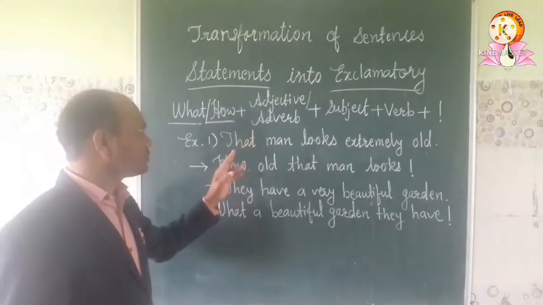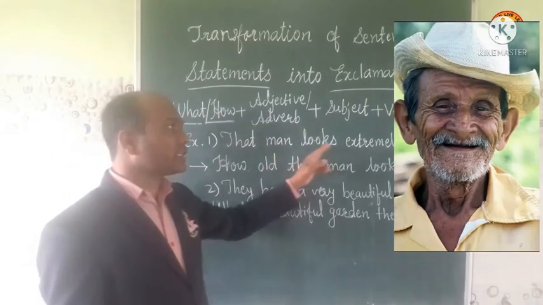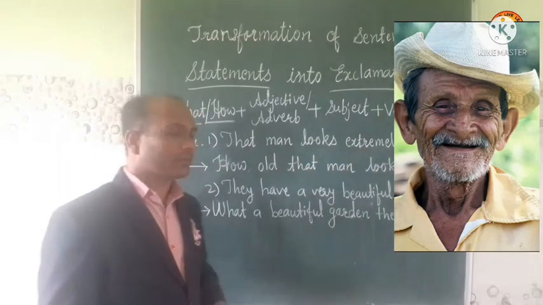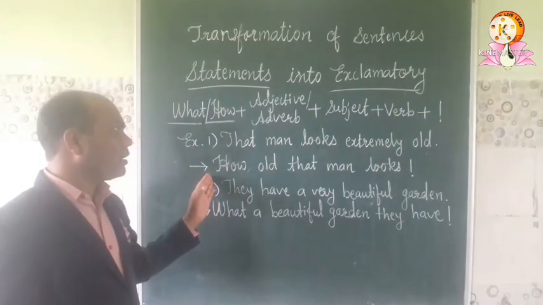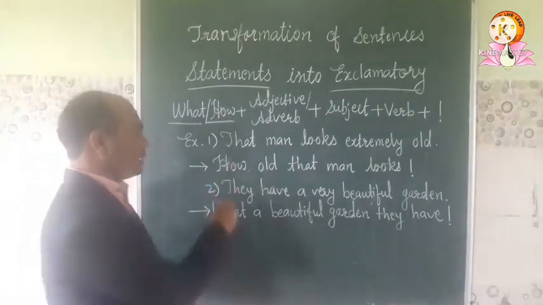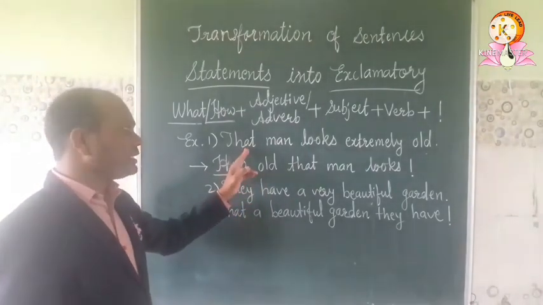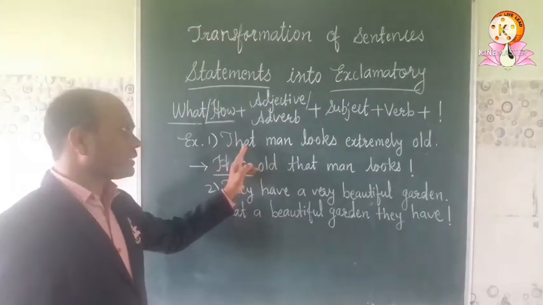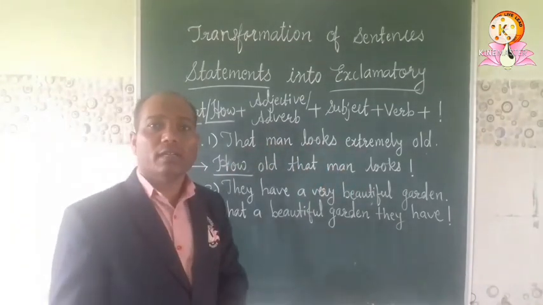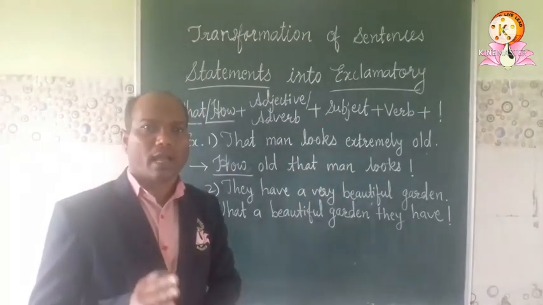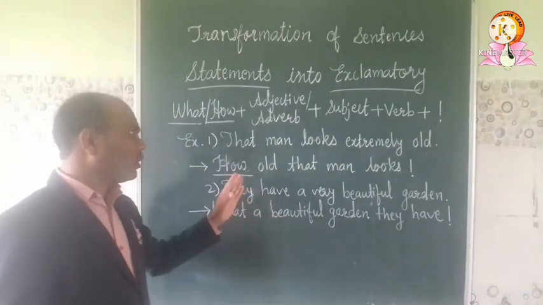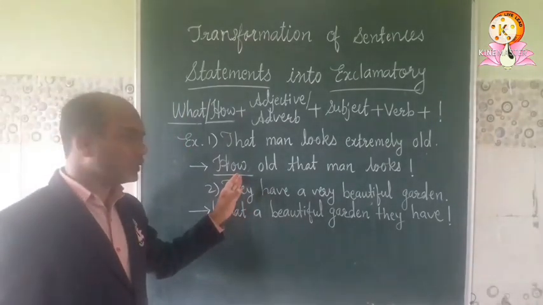First example, that man looks extremely old. First "how." Here "how" is used, because in this given statement there is no "a" or "an." That's why "how" is used.